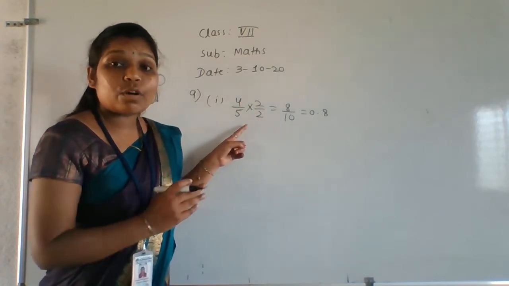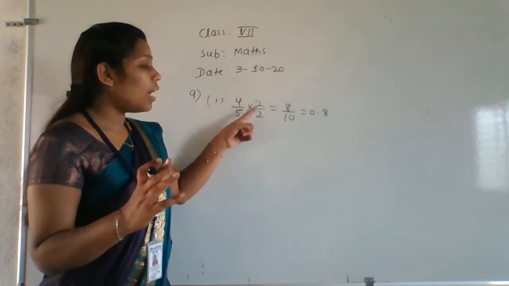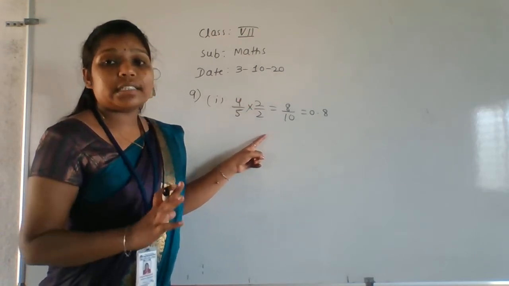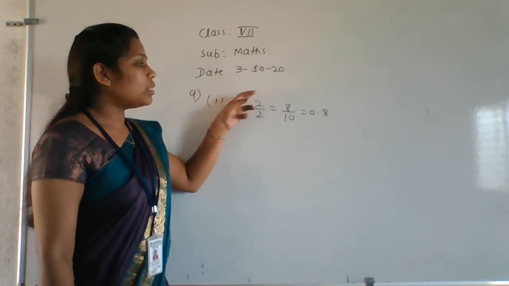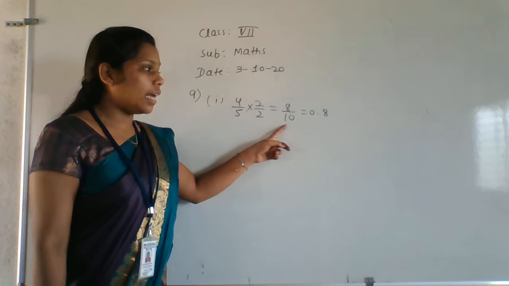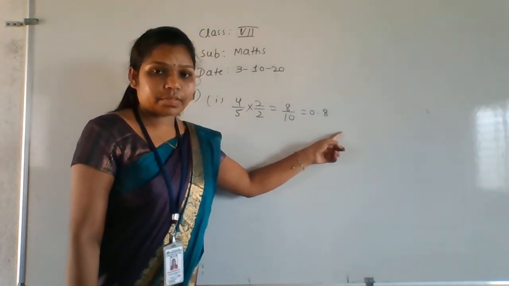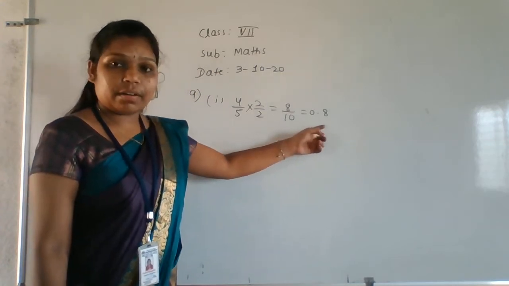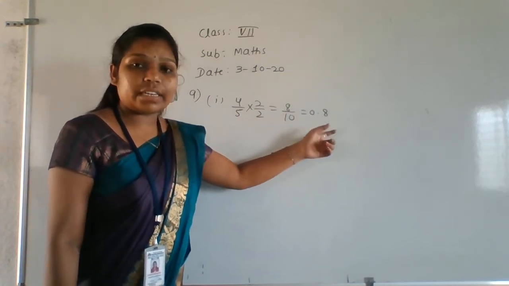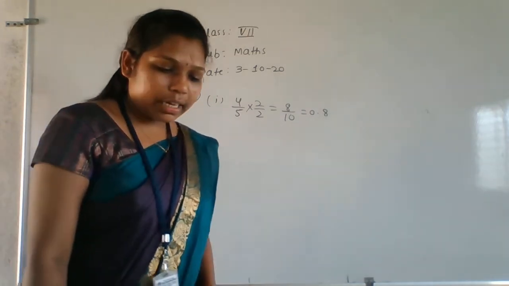Don't multiply only the denominator, you have to multiply both the numerator and denominator, then only it is correct. So 2 by 2, 4 2s are 8, 5 2s are 10, 8 by 10 can be written as 0.8. This is the decimal number. They gave it in a fraction, we converted it to a decimal number. Getting? Okay, go for the next one.